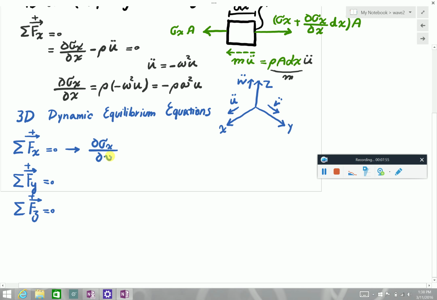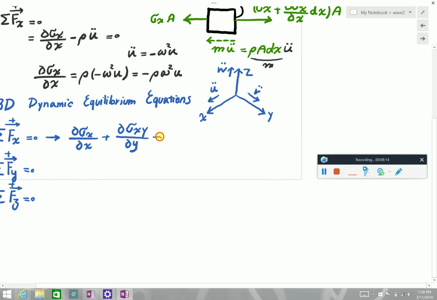So for sigma x, it will be the same. Then we have a term which is sigma xy, and then we have sigma xz, the derivative with respect to z.